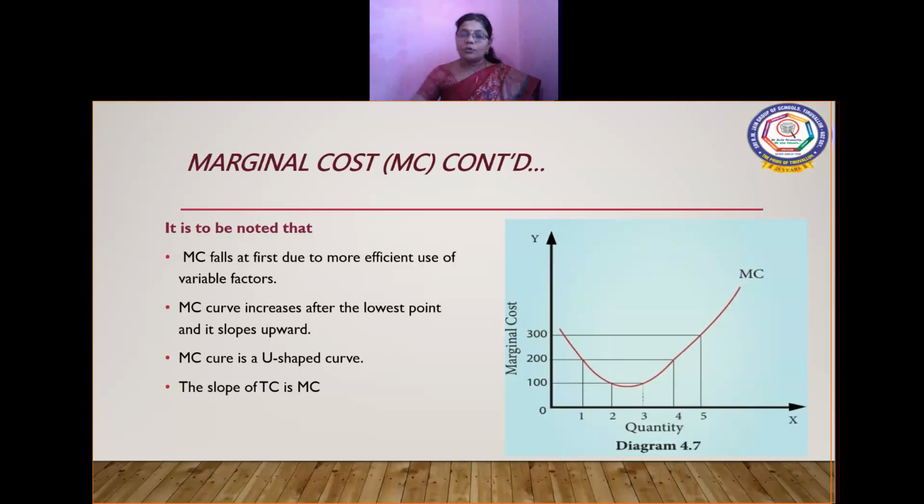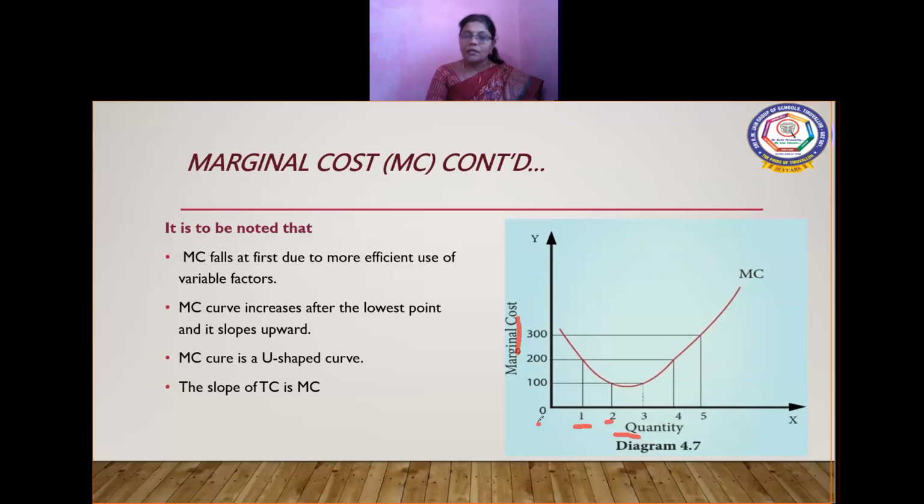Now we have to note 3 things from this diagram. You can see marginal cost is marked on the y-axis and quantity on the x-axis, the number of units we produce: 1, 2, 3, 4, 5.